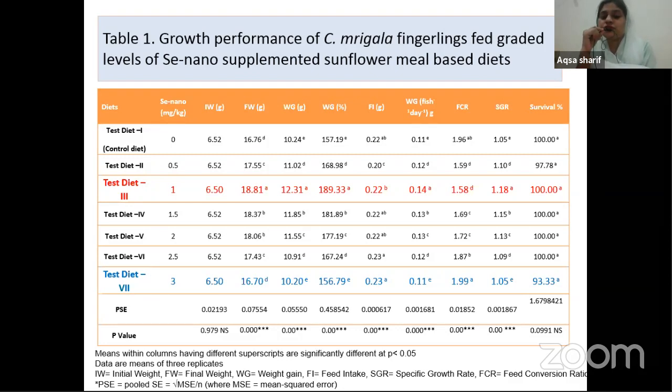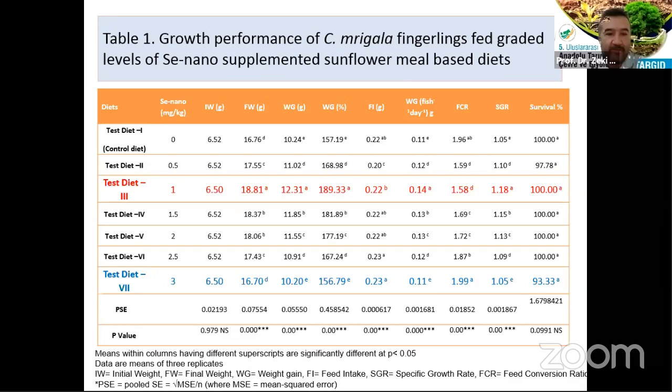And the feed conversion ratio, that's also highlighted in the red color, was 1.58. It tells us how much of the feed is converted into the fish body. When the feed is given to the fish, some part of it the fish ingest, while the other part gets wasted.